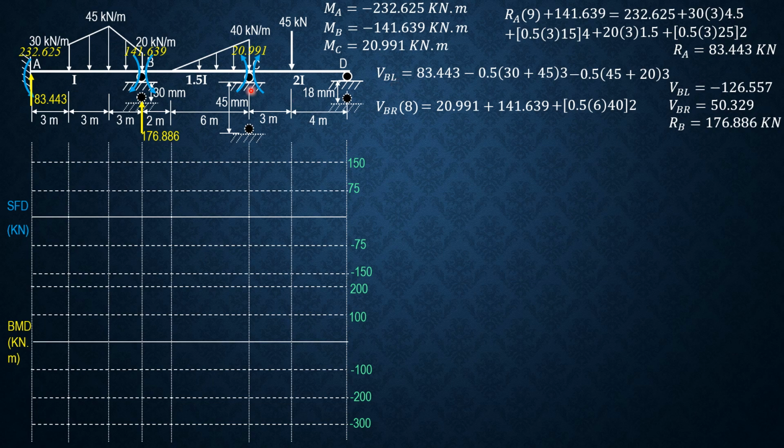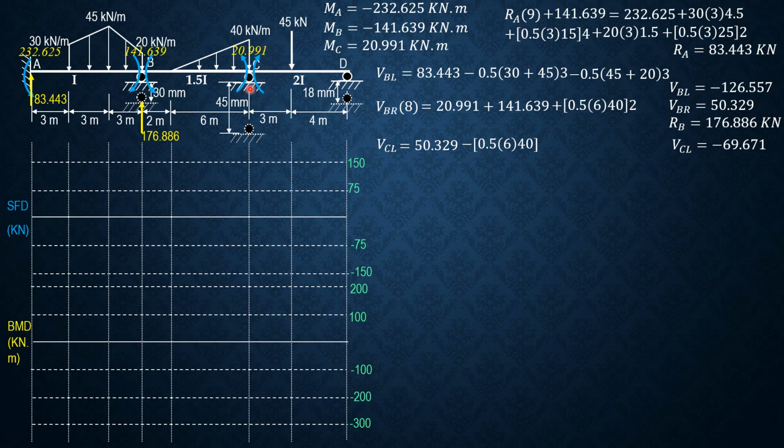Next, for shear just to the left of C, which is downward positive considering BC. So it is shear just to the right of B, which is 50.329, minus this loading here, minus 0.5 of 6 times 40. So it is equal to negative 69.671 kilonewtons. While shear just to the right, we consider CD, summation moment D equals 0.